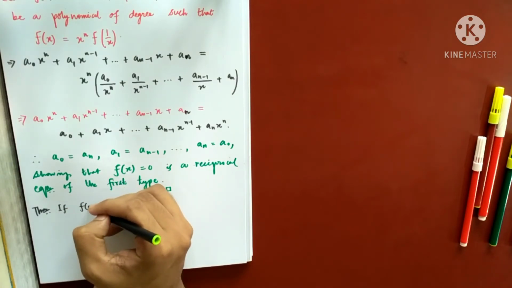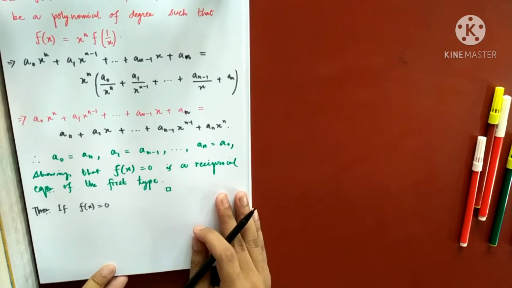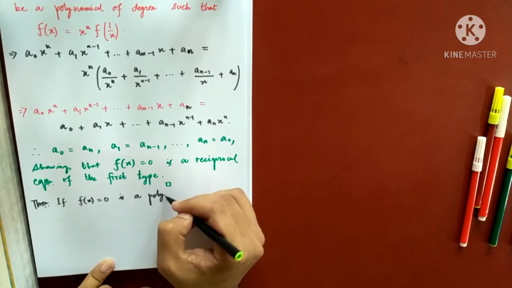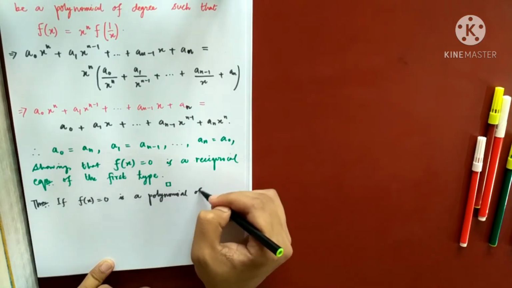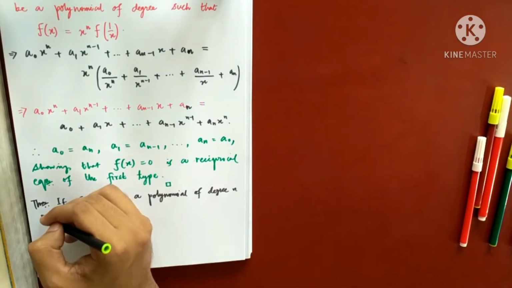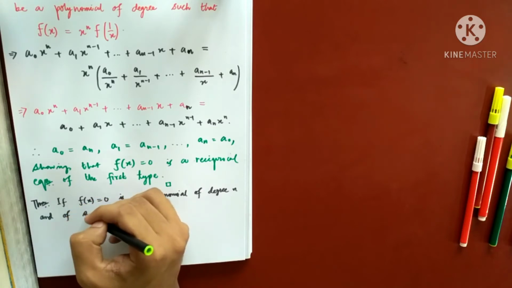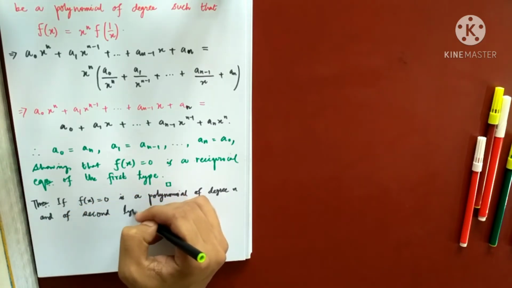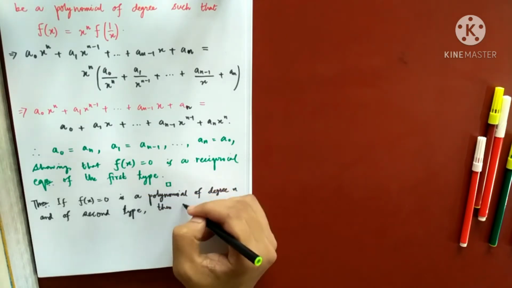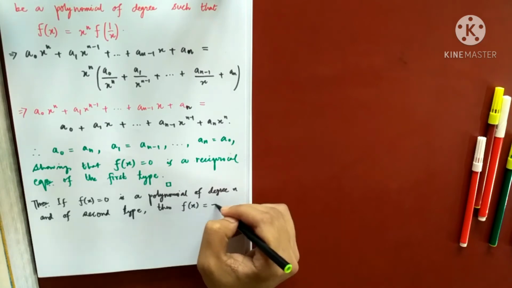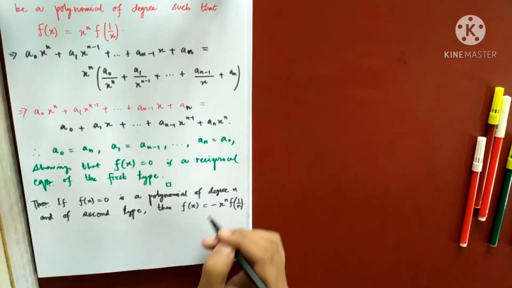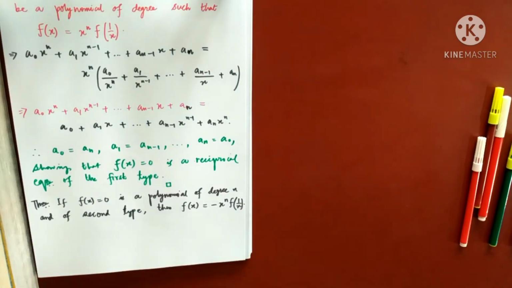If f(x) equals 0 is a polynomial of degree n and of second type, right, then what happens? Then f(x) can be written as minus x to the power n f of 1 by x. So only one extra thing will come, minus will come.